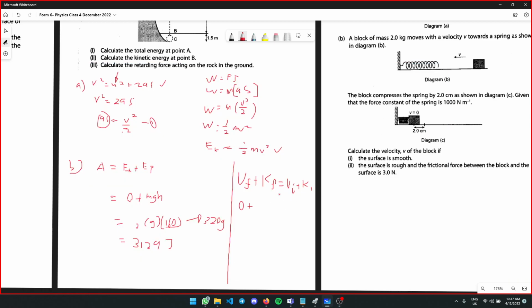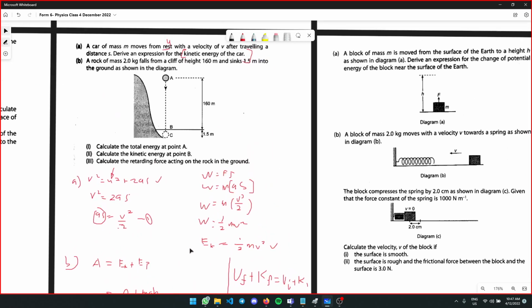Okay, sorry. Then we know that initially this is 0. Final, let's say this is final 0. And just now we mentioned that at point A is 3139. So we just need to find the kinetic energy. Why is the kinetic energy 0 at A? Because we are assuming it's not moving at that point.